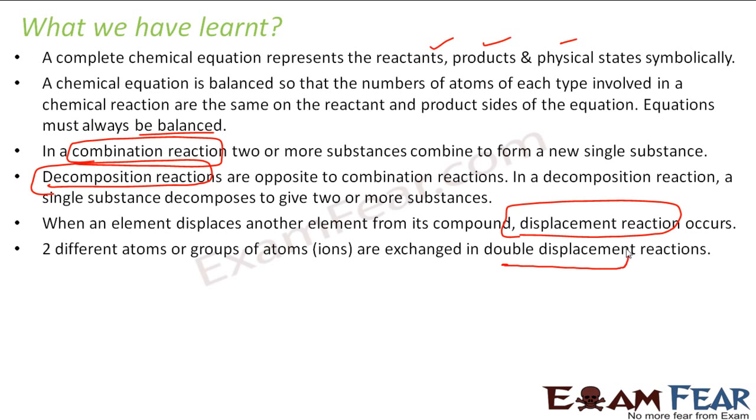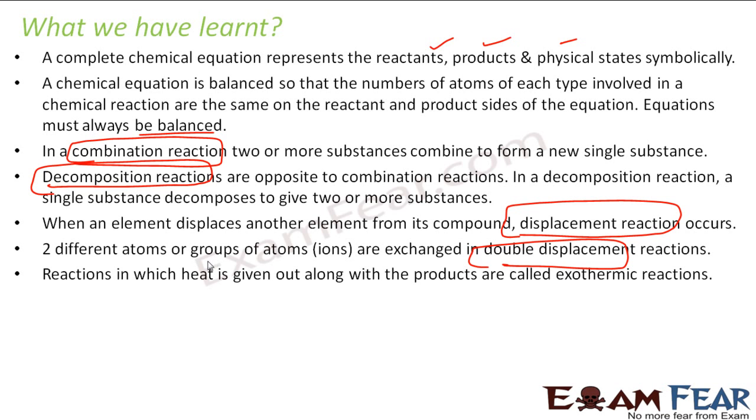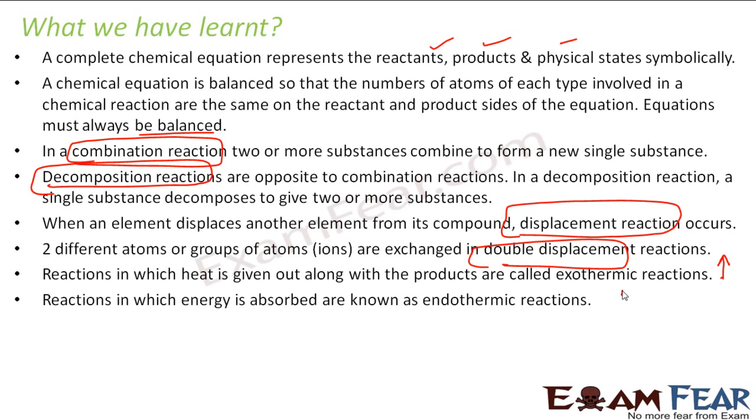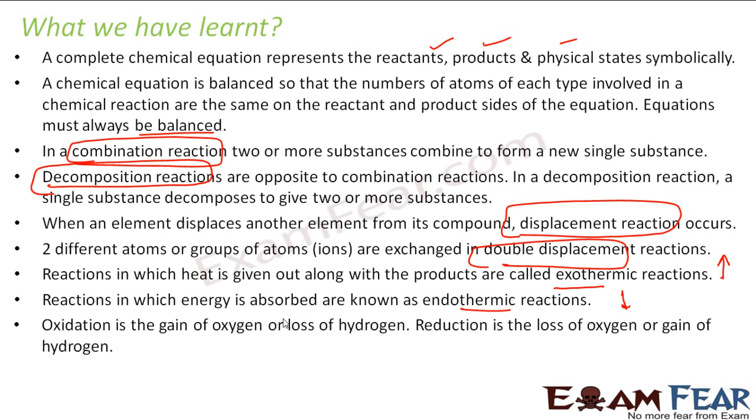In double displacement, both elements swap, right? The reaction where heat is given out is called exothermic, and the reaction which requires heat is called endothermic. We have learned that oxidation is the process of gaining oxygen or losing hydrogen, and reduction is the reverse process of losing oxygen or gaining hydrogen. That's what we have learned.